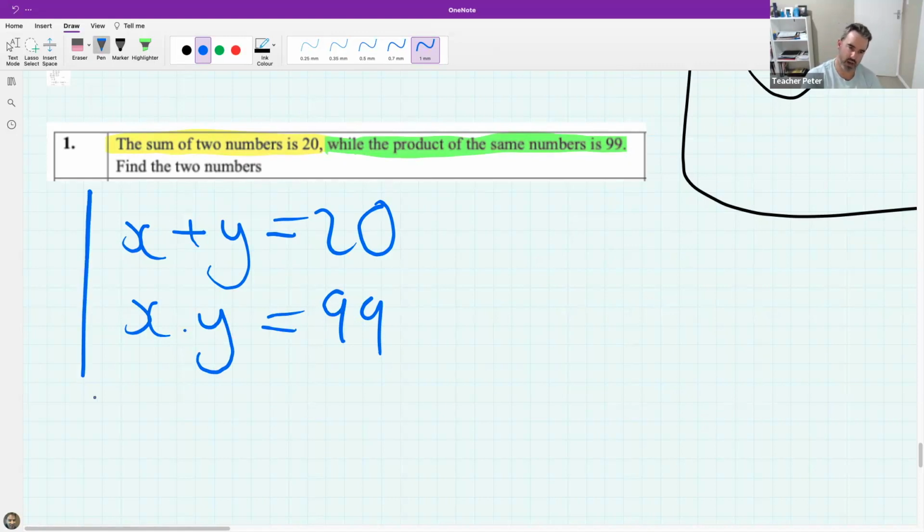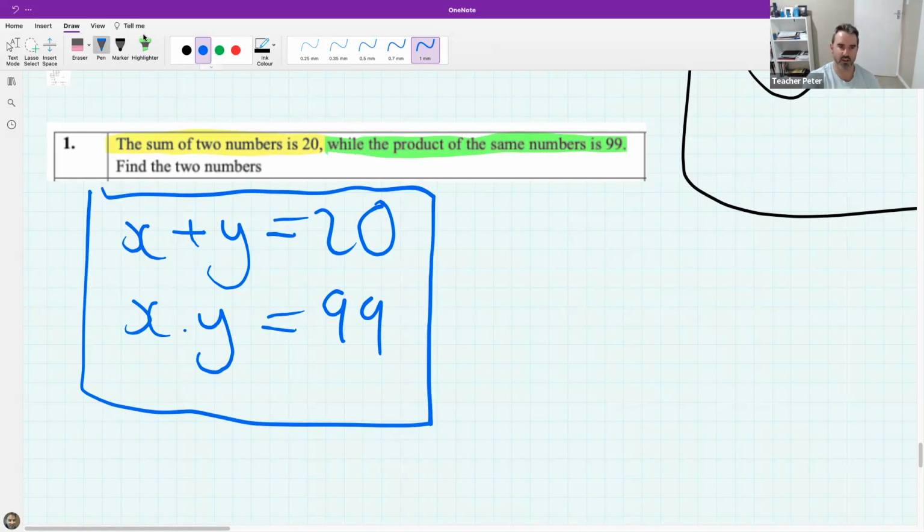So I want you guys to solve this set of simultaneous equations for me. I'm going to say that the yellow one is the easier one, and so I'm going to work with that one and sub it into this green one over here. But I want to let you guys fly solo and then tell me what answers for x you get.